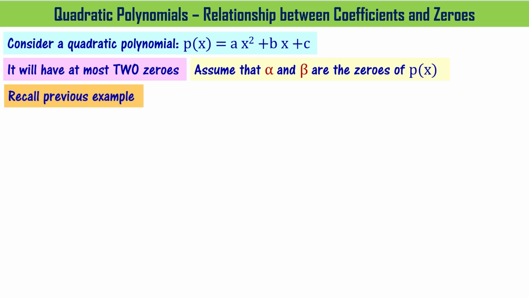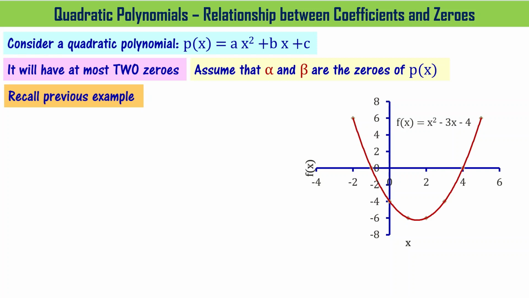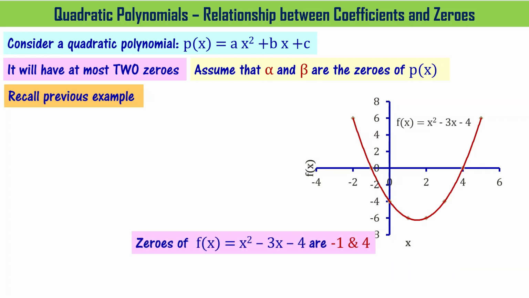If you recall the previous example, we have seen from the graph that minus 1 and 4 are the zeros of f of x equal to x square minus 3x minus 4, right? And using the algebraic method, we have factorized f of x as product of x plus 1 and x minus 4, right?